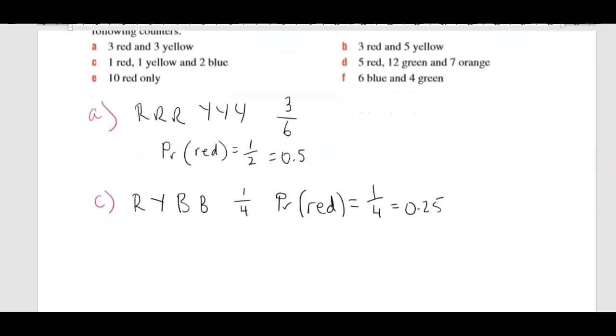All right, question E. Now, this one is not tricky, but some people probably think, what? If we have 10 red only, so 2, 3, 4, 5, 6, 7, 8, 9, 10.